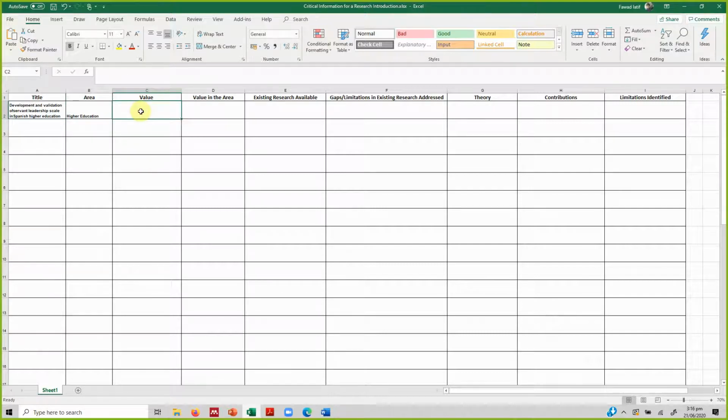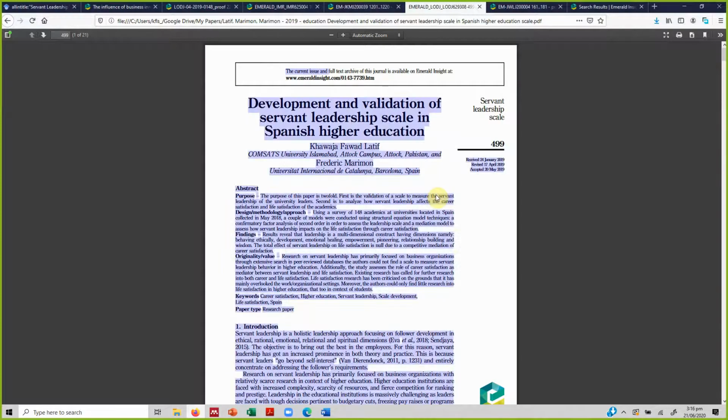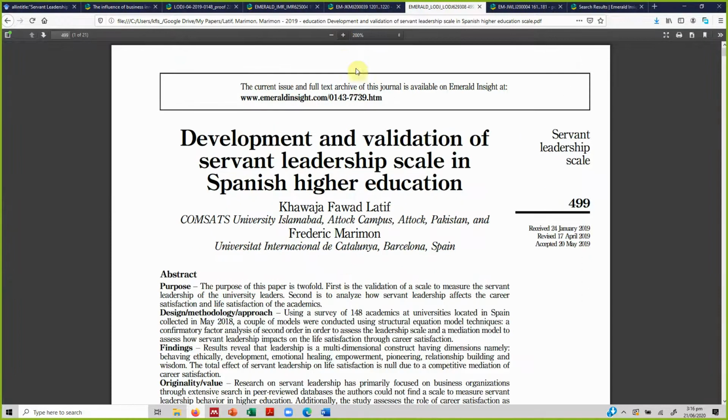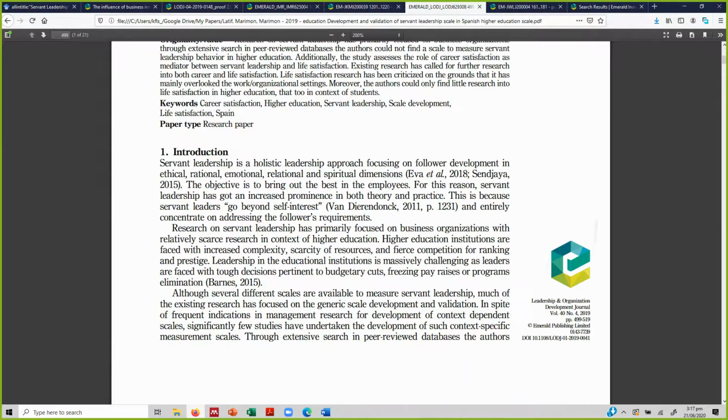Now this is where the story starts. Value. Value means why studying this particular concept is important. And where is this value in a research paper? It's always in the introduction.